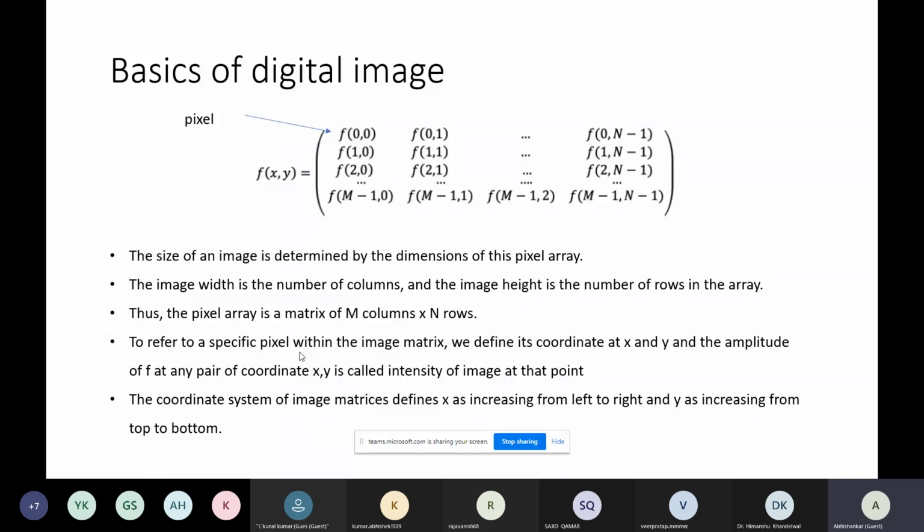So when you zoom in you get a square, you get its position in 2 dimensions, and the intensity at that position we call a pixel.